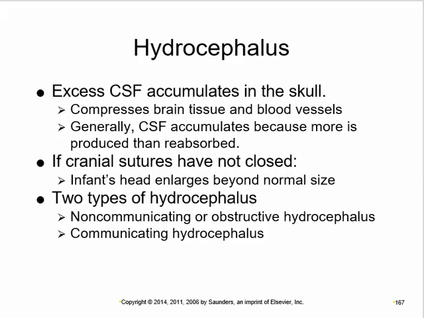So hydrocephalus is an excessive accumulation of cerebrospinal fluid. And what happens is this fluid takes up space and it compresses brain tissue. To have excess cerebrospinal fluid, either you are making it too quickly or reabsorbing it too slowly.